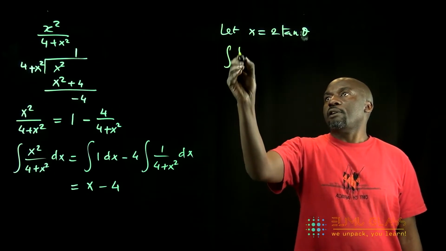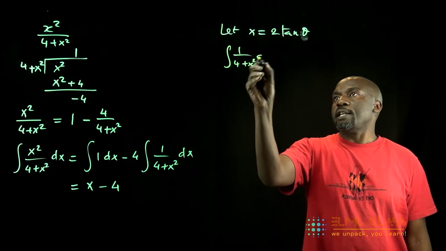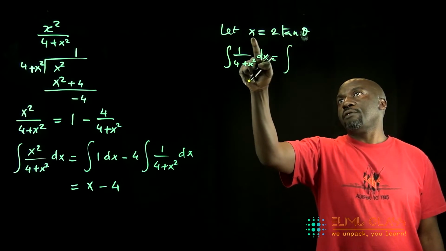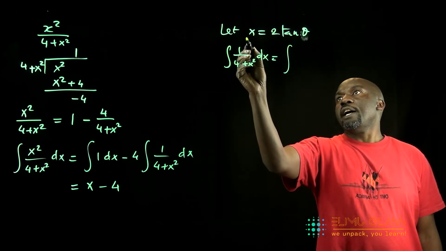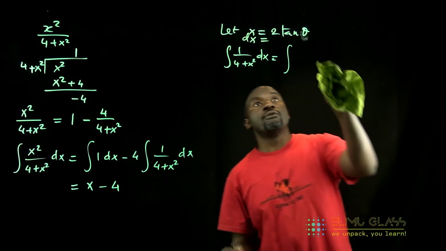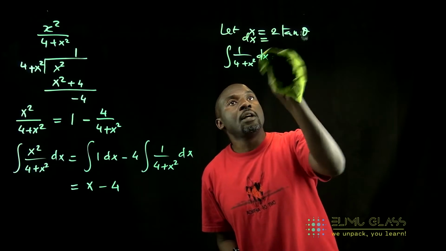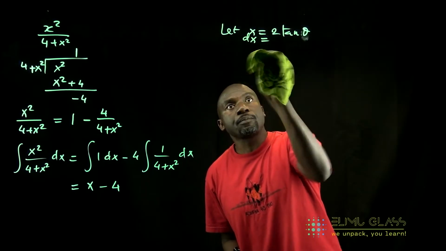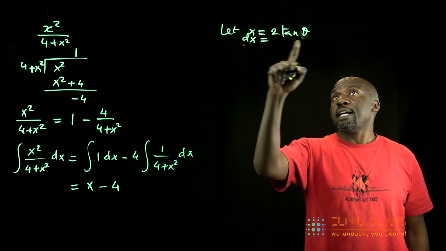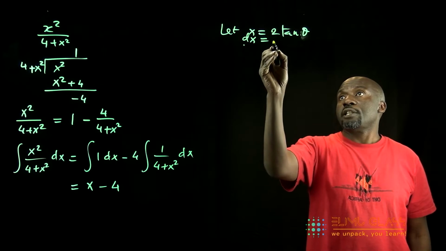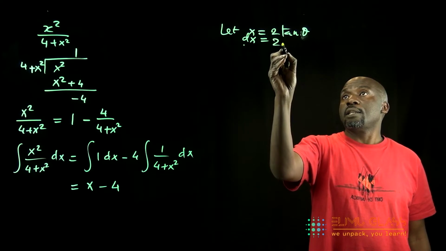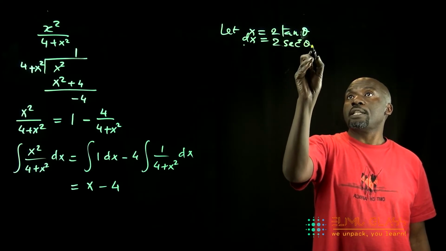So the integral of 1 over 4 plus x squared dx becomes the integral of dx over the same. If x is 2 tan theta, then if I differentiate to find the substitution for dx, dx is twice the derivative of tan, which is sec squared of theta d theta.